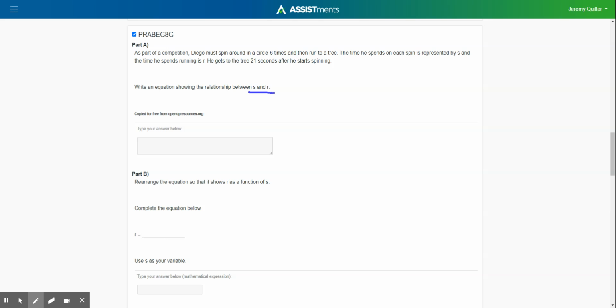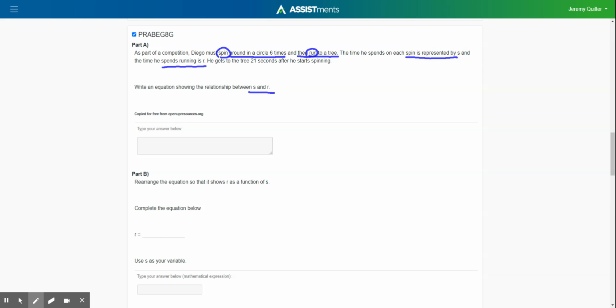In this first part, we need to recognize that he's running around the circle 6 times and then running to the tree. The time that he spends on a spin is S, and the time spent running is R. So it's important to recognize how many spins he has and then how much time is spent running to that tree.